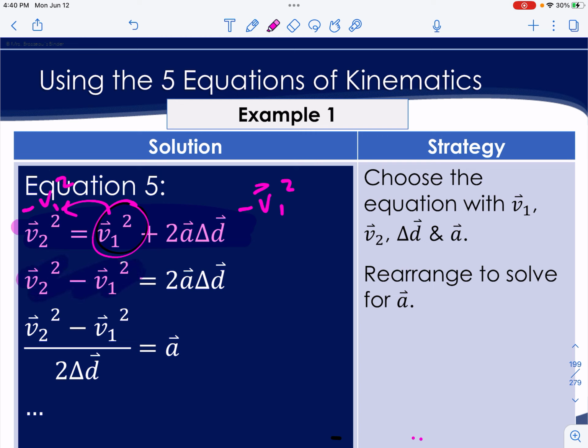V2 squared minus V1 squared is equal to 2A delta D. And we want to get A by itself.